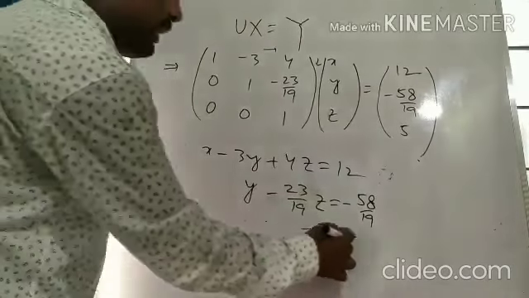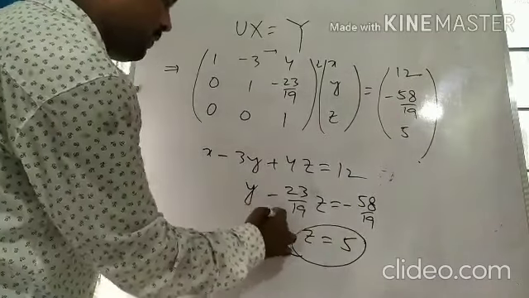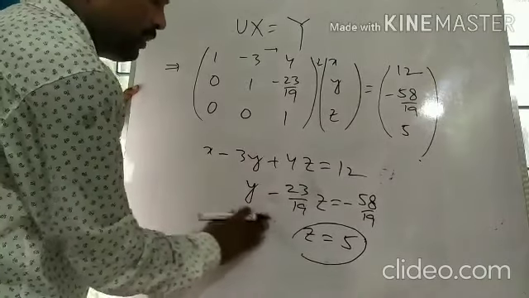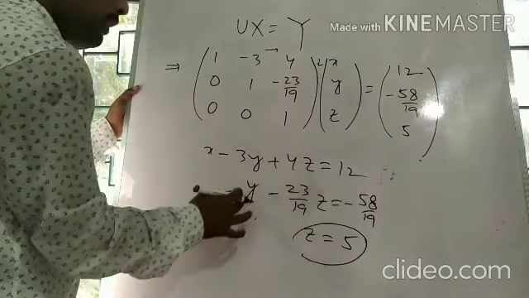Now z equals 5, put it in the second equation and calculate y.